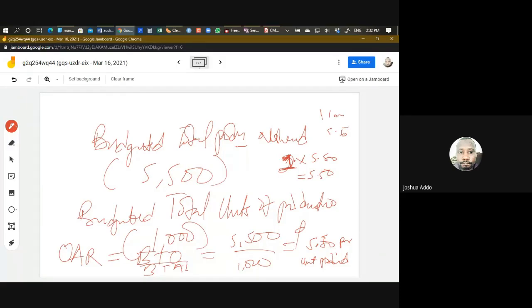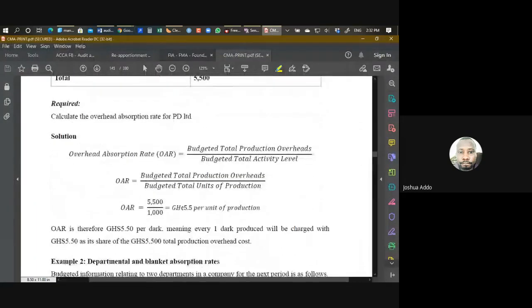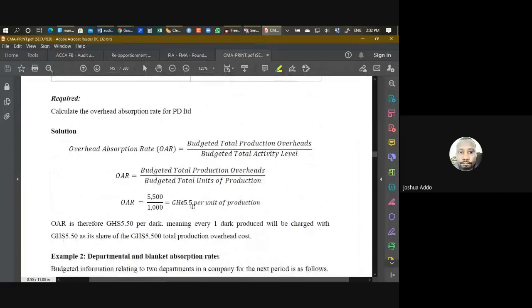So for this simple example, the overhead recovery rate will be 5 cedis 50 pesewas per unit.